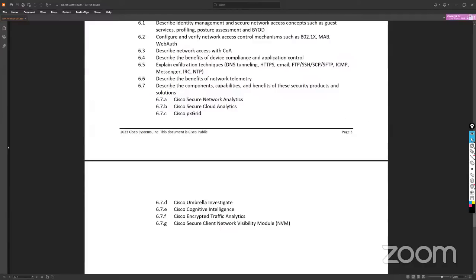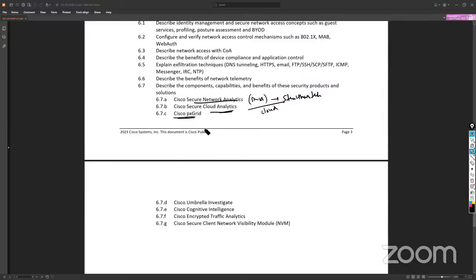Some of these I've already talked about. So for example, this here, SNA, is the new name for Stealth Watch. Previously it used to be called Stealth Watch. Now it's called Secure Network Analytics. This here is the same thing, but in cloud. There's something called Cisco pxGrid.